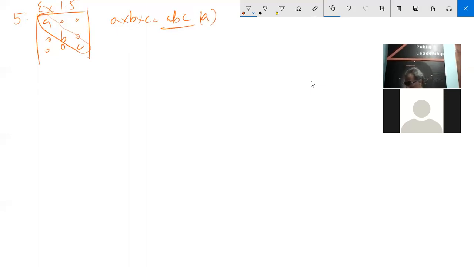Square. Okay. So it will be A squared, B squared, C squared. Let us see where we are getting the issue. Is there a square? Yes, there is a square.